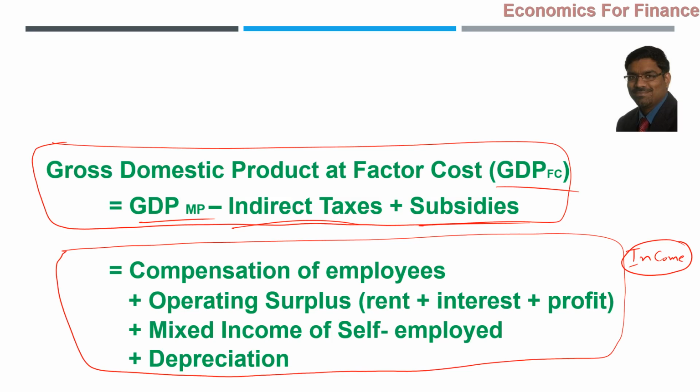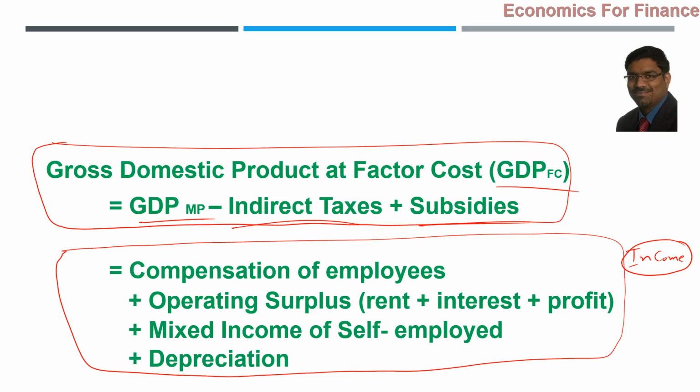So rent, interest, profit plus wages is what the income of the people is, right? Is there any other income that people will earn in the country? Nothing else. Ultimately, this will be the income: compensation of employees and surplus, in the form of either rent or interest or profit or all three together.